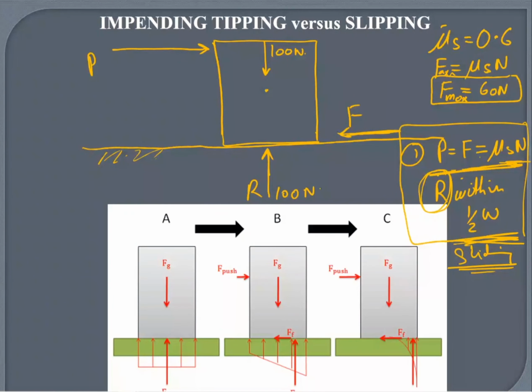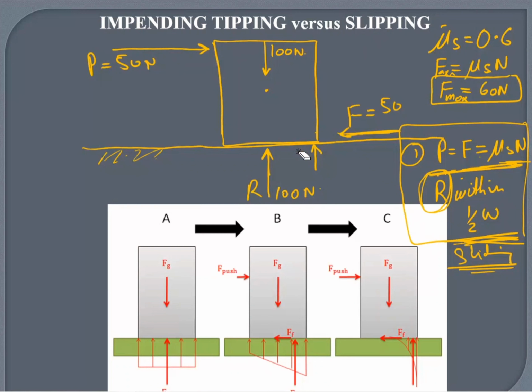Okay, I've moved my P value from here to here. You will understand why. Okay, so P equal to 10 Newton, F is 10. There's no movement. My R moved here. I increase it to 30 Newton. My F is 30 Newton, the object did not move, my R moved here. I increase it to 50 Newton. My friction force is 50 Newton. I am at this edge now. My R moved there.